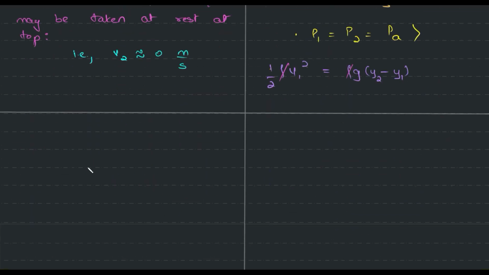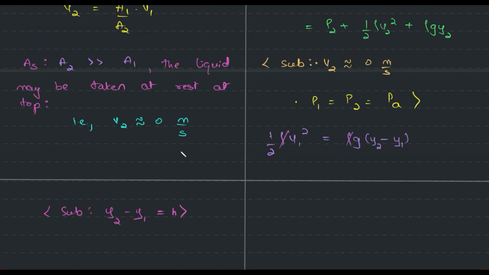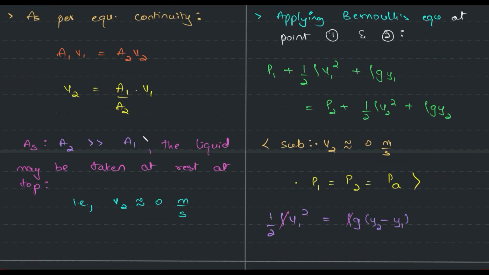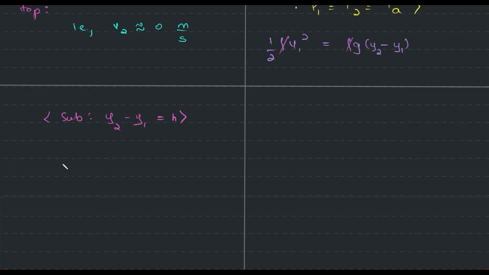And y2 minus y1 is your height difference, h. And so we have v1 is equal to root of 2gh. And that's that.